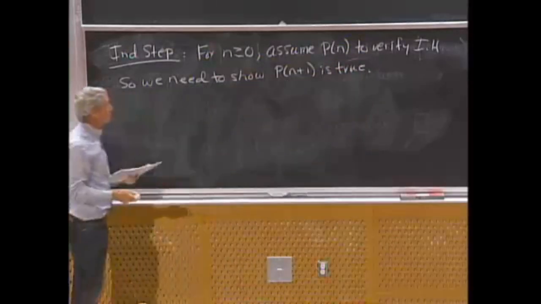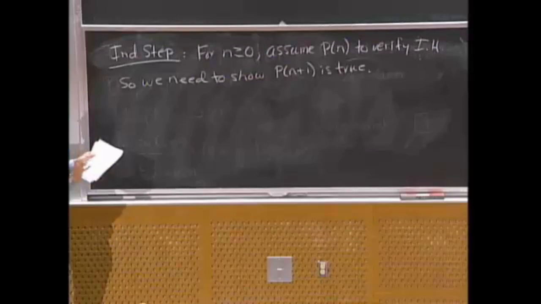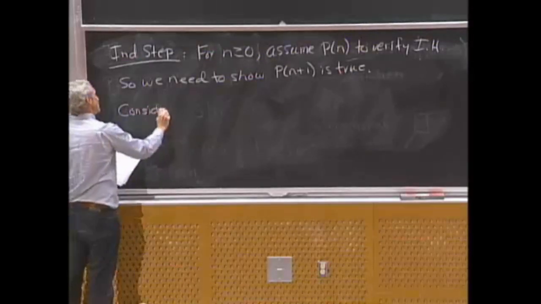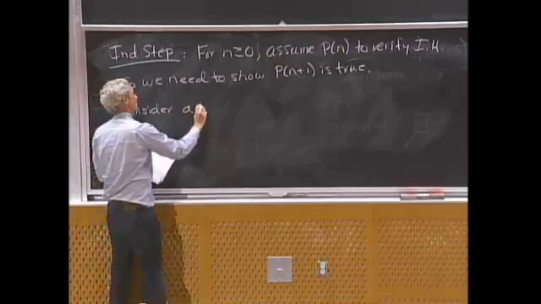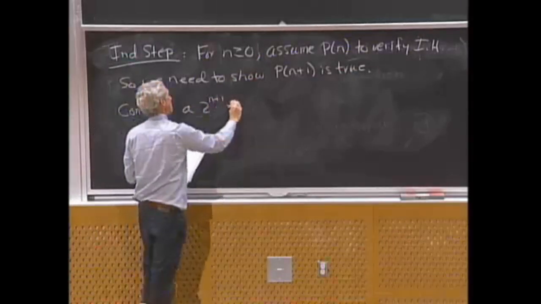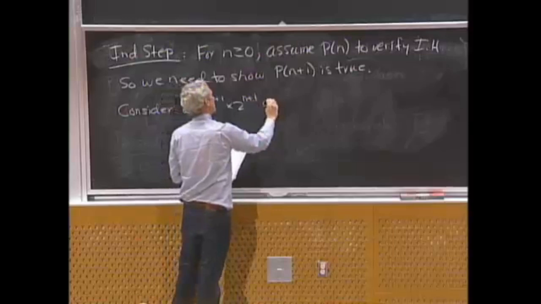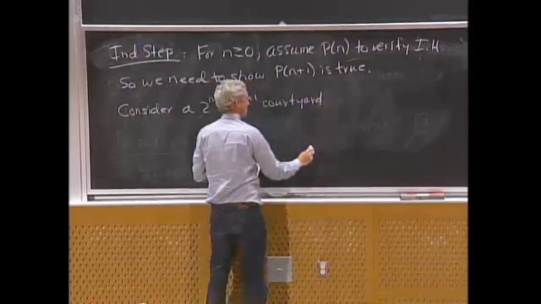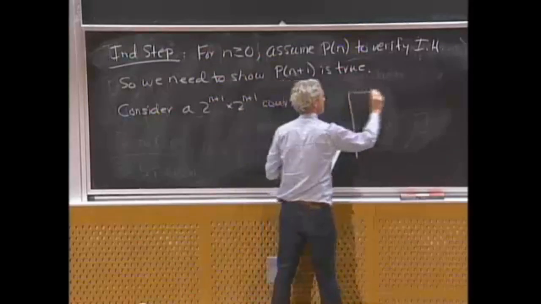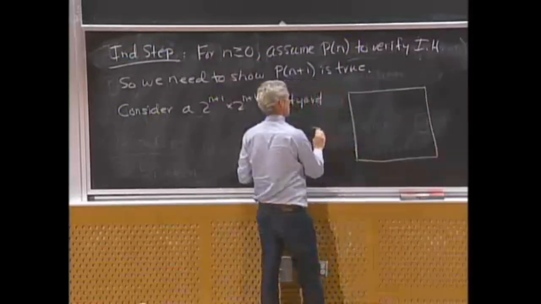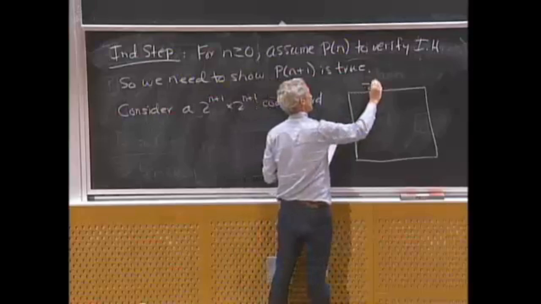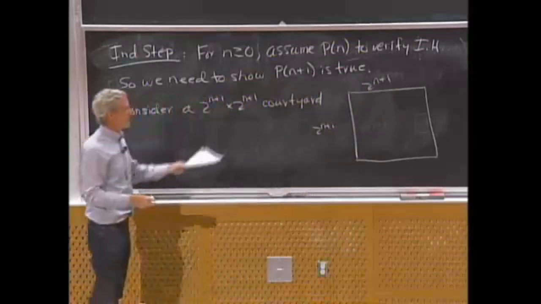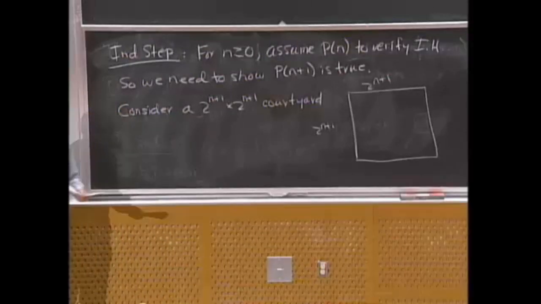Well, so let's look at a 2 to the n plus 1 by 2 to the n plus 1 courtyard. All right, so let's draw it out here. 2 to the n plus 1 by 2 to the n plus 1. What are we going to do to use our inductive hypothesis? Yeah.